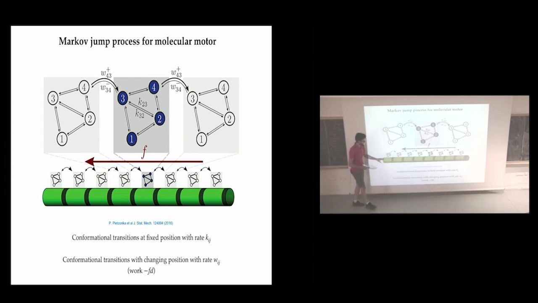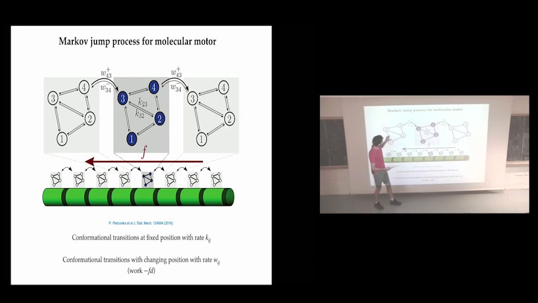This is going to be a space coordinate. You are advancing or going back on a certain track, and your motor protein has a set of internal states, which are different conformations that the motor can be in when it sits on a particular place of the track.